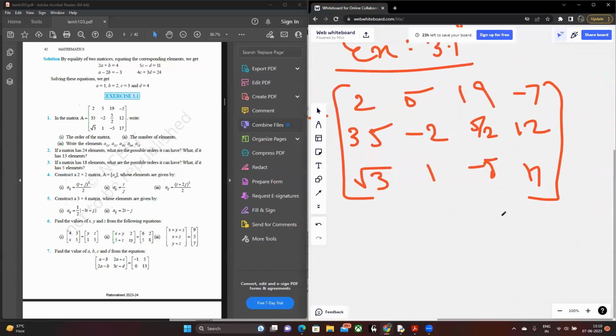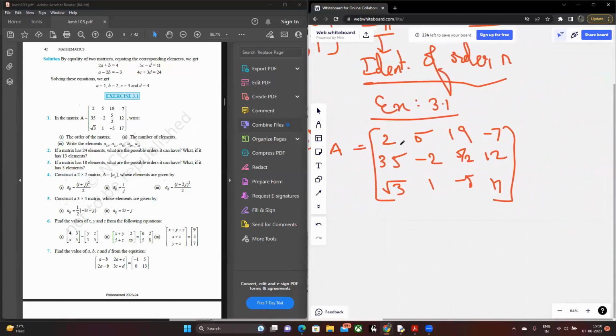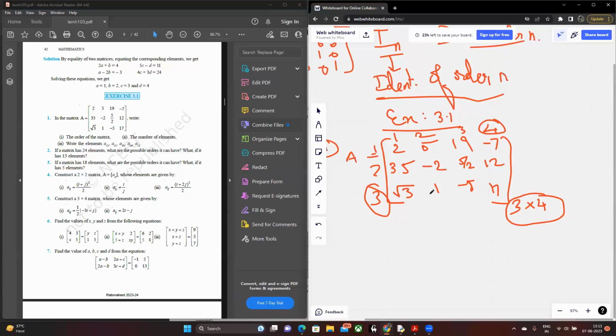First of all, you can see this has 1, 2, 3 rows and 1, 2, 3, 4 columns. So the order of the matrix is 3 cross 4. Correct.